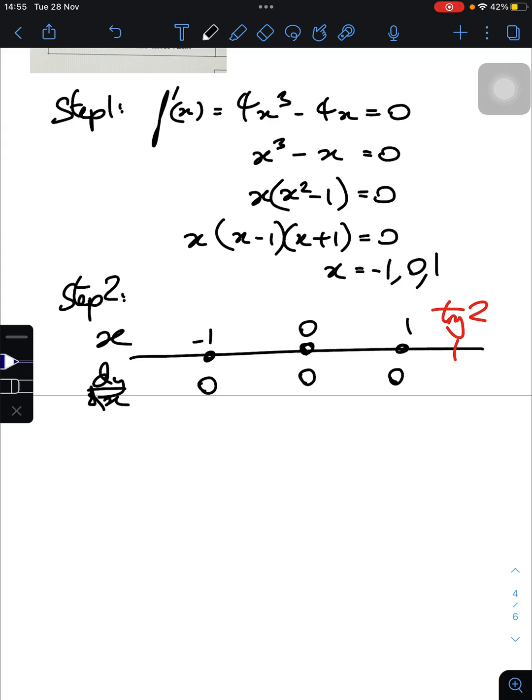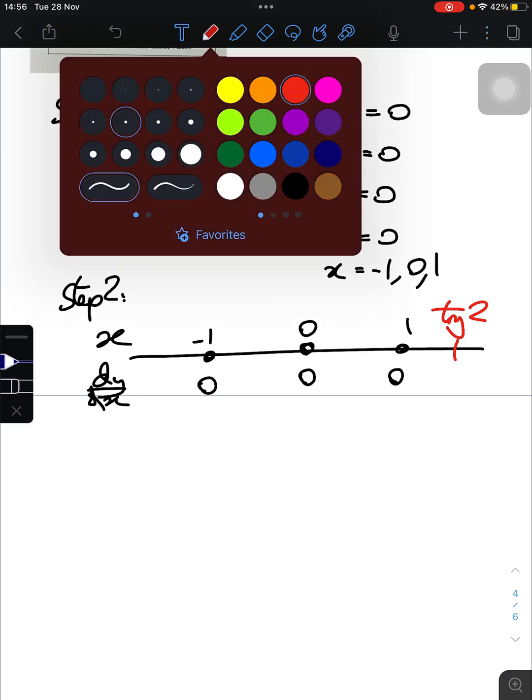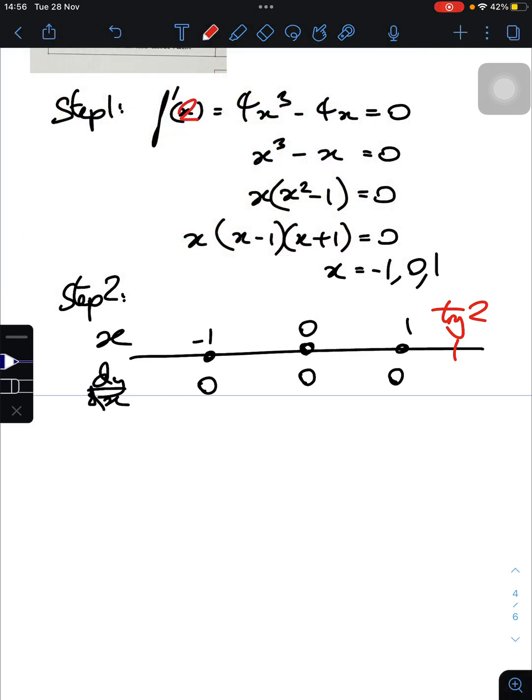Those are my critical values. So I'm trying 2, and then I should be able to work out what's in between. So if I try 2, I would get a gradient of plugging 2 into here, 2 into there, 2 into there. So 2 cubed is 8, 4 times 8 is 32. 32 minus 4 times 2, well, that's 32 minus 8, which is 24.